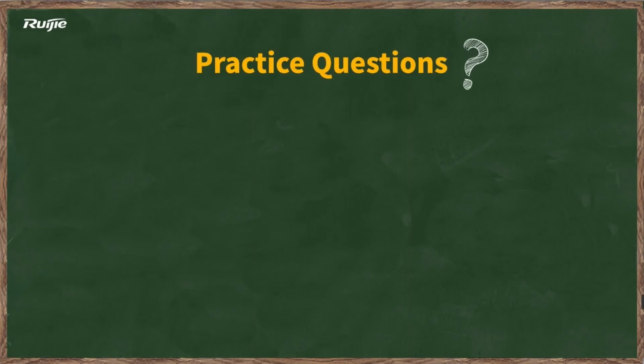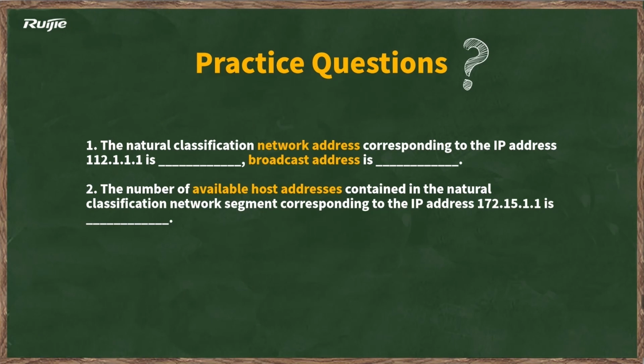At last, there are some questions for this video. The first one, the natural classification network address corresponding to the IP address 112.1.1.1, what is the broadcast address? That means, can you calculate the correct network address and broadcast address of 112.1.1.1?